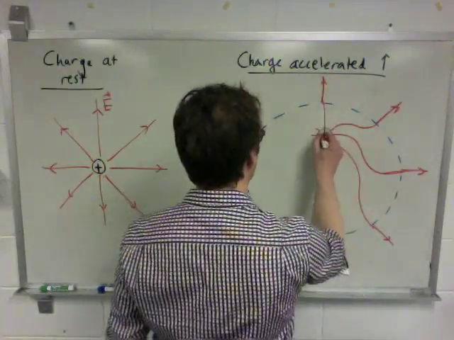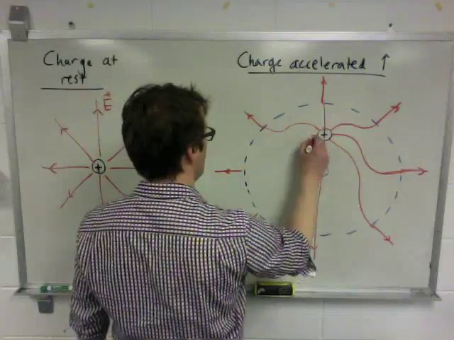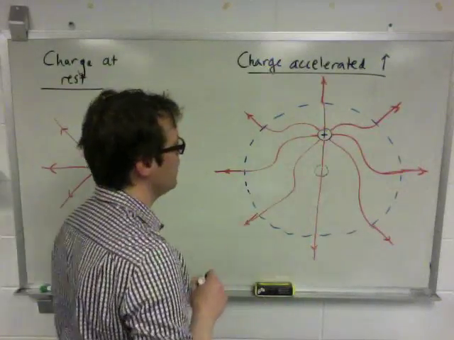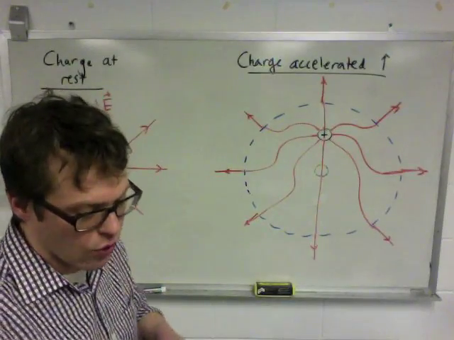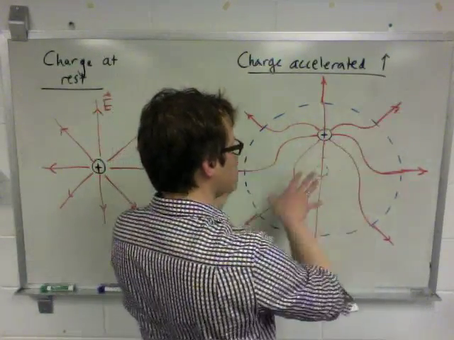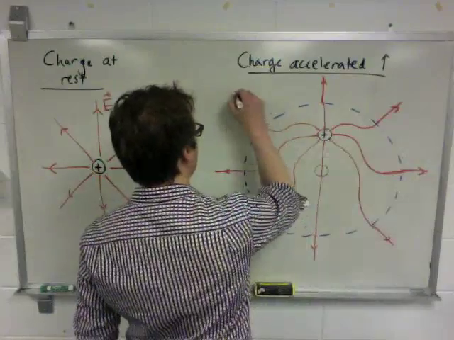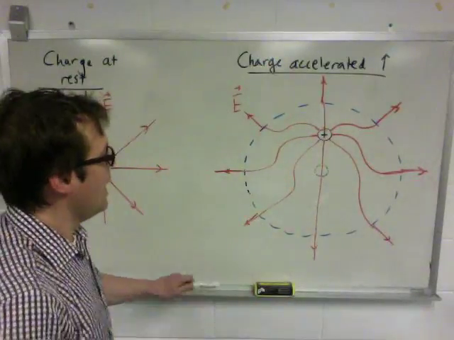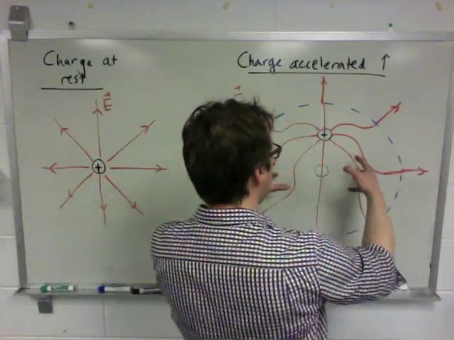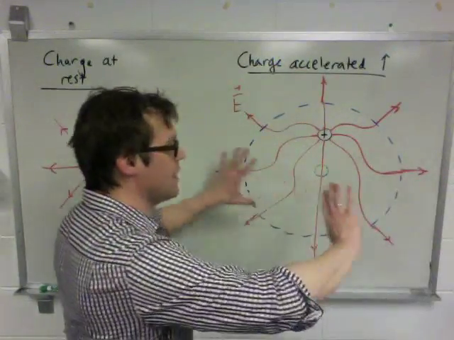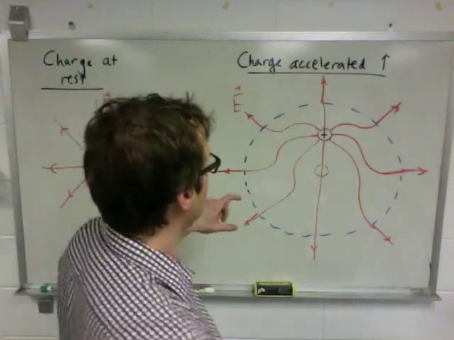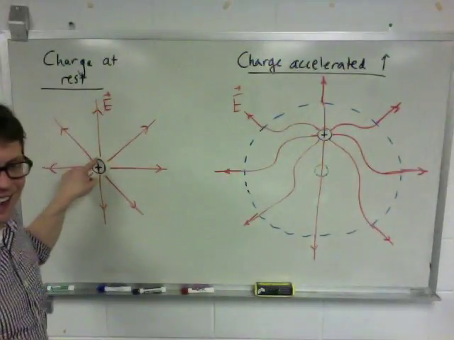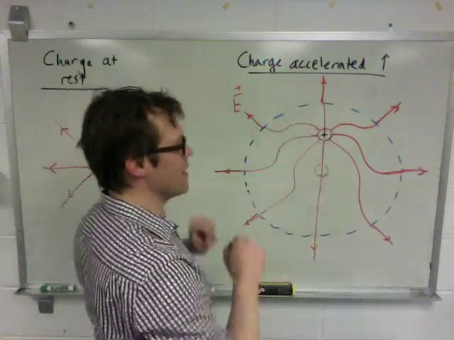This one's going to be straight up, but the rest of them are going to have this funny shape about them. You see, you're going to get some sort of distortion of these straight line fields. In fact, you're going to get these wiggles. And what's going to happen, over time, these wiggles are going to propagate outwards, such that if you wait long enough, all of the electric field lines would have moved up here, and it's going to look like this again, right? But just a little bit higher up.